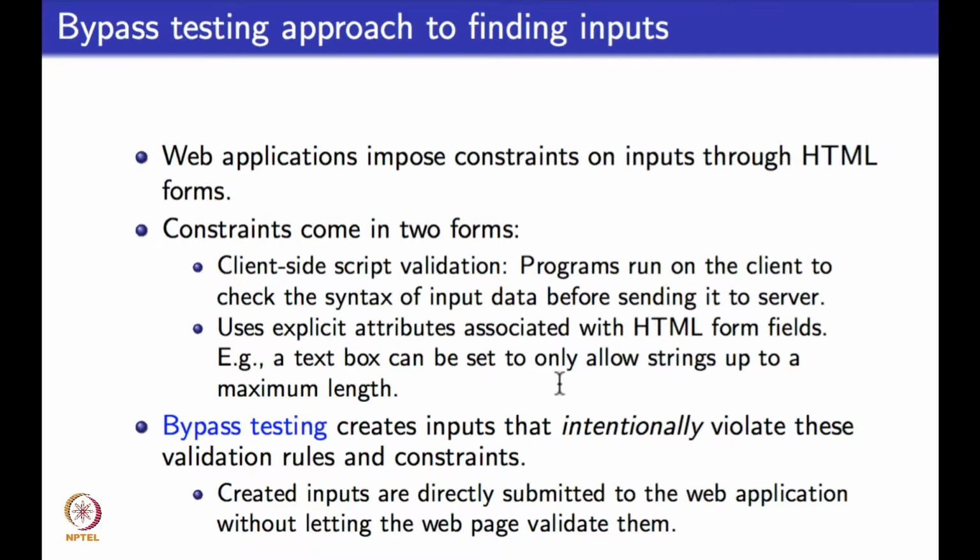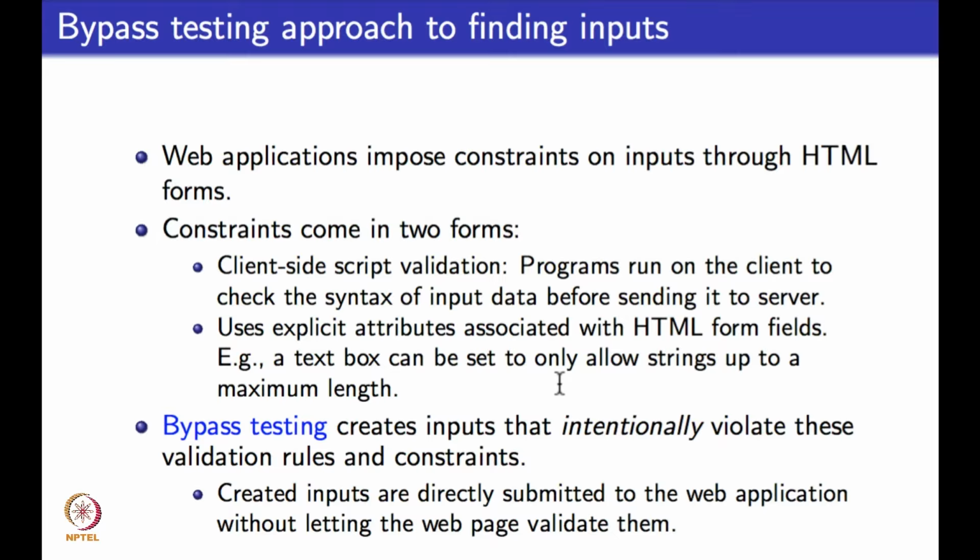There could be a constraint which is validated at the level of the client itself by writing scripts for validating these constraints. What are these scripts? These scripts are basically software programs that run on the client to check whether the input data is of correct syntax. Like for example, let's say there is a field where you have to enter a name. You obviously cannot enter numbers there. It has to be only alphabets.